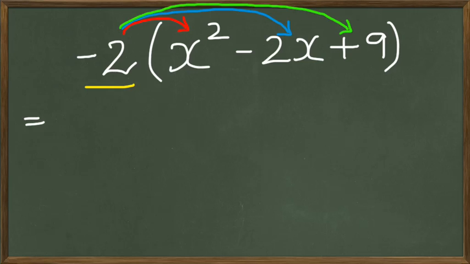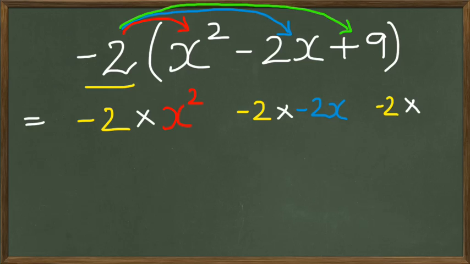So we're going to get minus 2 multiplied by x squared. Then we have minus 2 multiplied by negative 2x. Then we have minus 2 multiplied by plus 9.